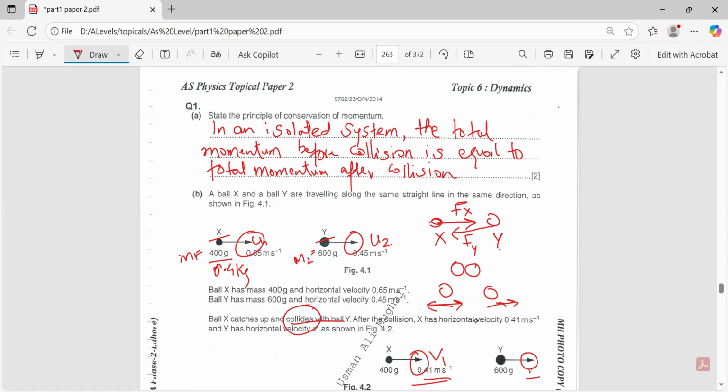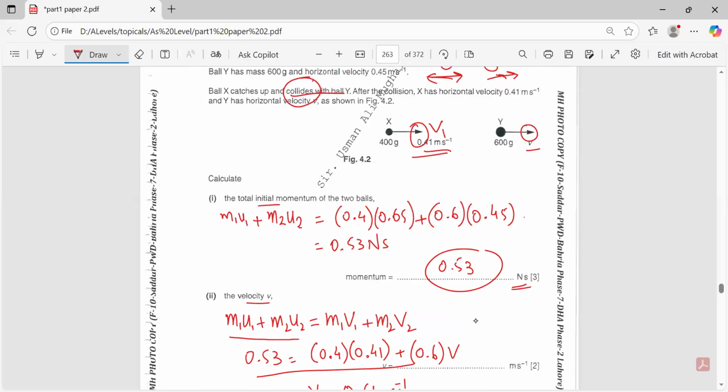And we are pretty aware that force is equal to change in momentum over time. So both of these forces, force by x is equal and opposite to force exerted by y. As force is equal to rate of change of momentum, in the same amount of time, if force exerted by x is the same as y, the change in momentum will be the same.